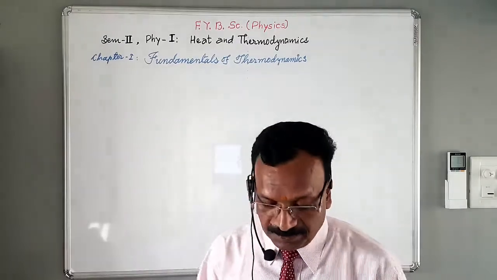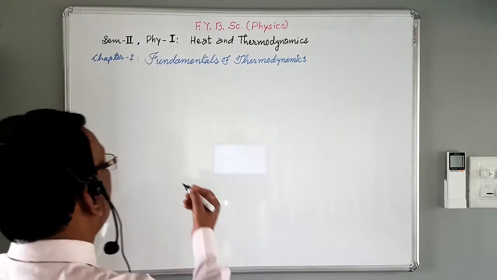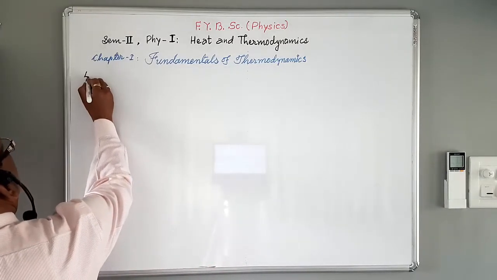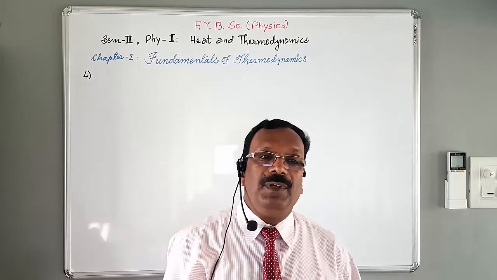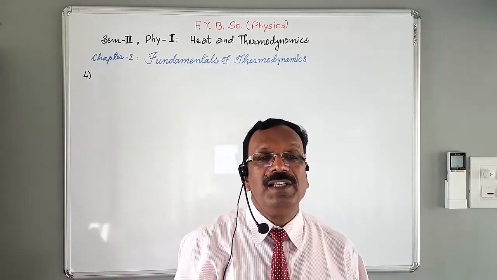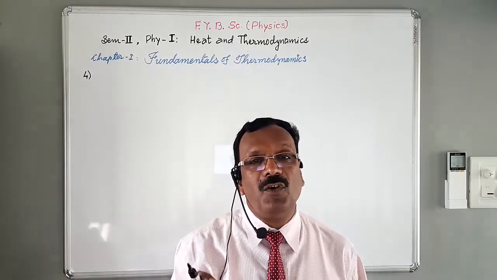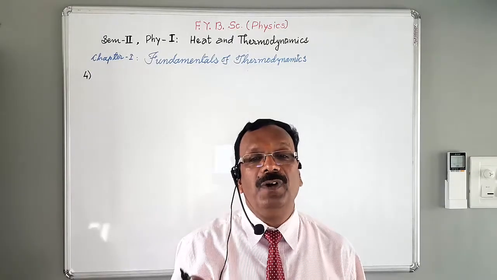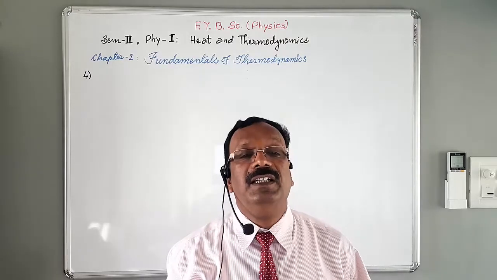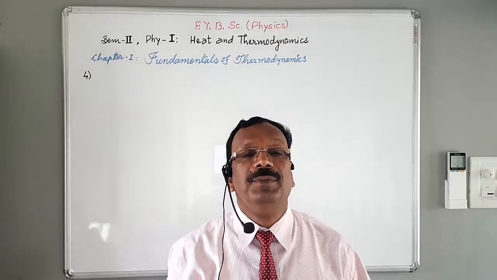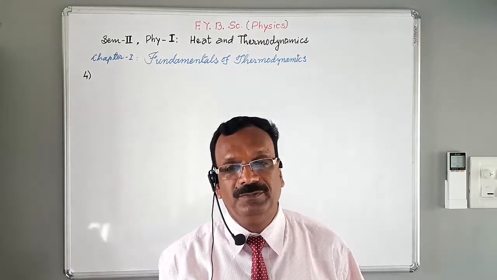So in this lecture we are going to solve problem number 4. The problem is very simple. A definite mass of a perfect gas is compressed adiabatically to half its original volume. Determine the resultant pressure if the initial pressure was 1 atmosphere.